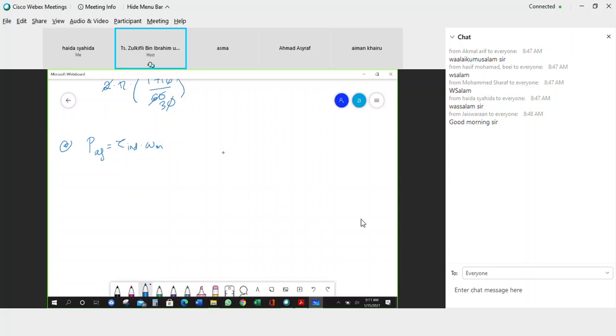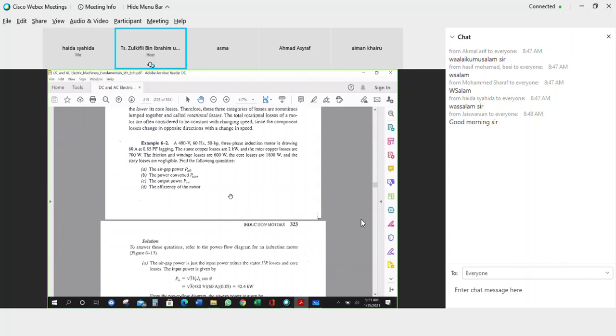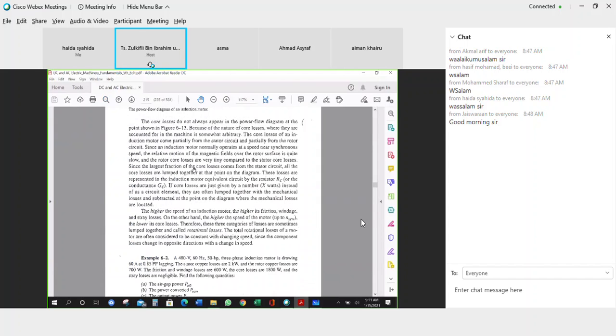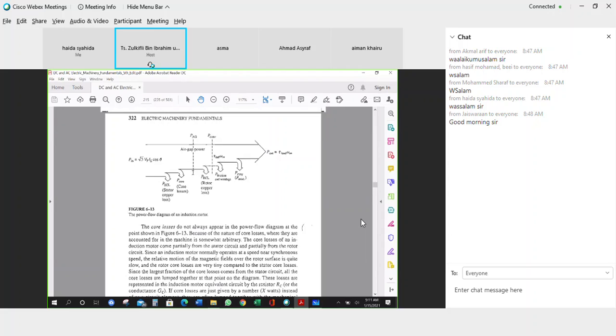So, with the information given here, to obtain the air gap power, if you look into the power flow figure, the input power, you need to minus the stator copper losses and also the core losses.